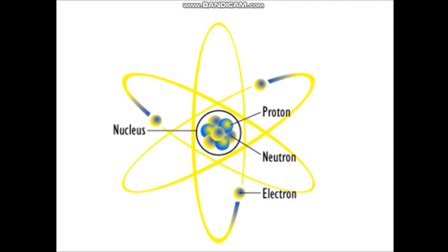And here we can see that the nucleus is made up of the protons and the neutrons, where the protons are positively charged and the neutrons are neutral. And what revolves around it is the electrons.